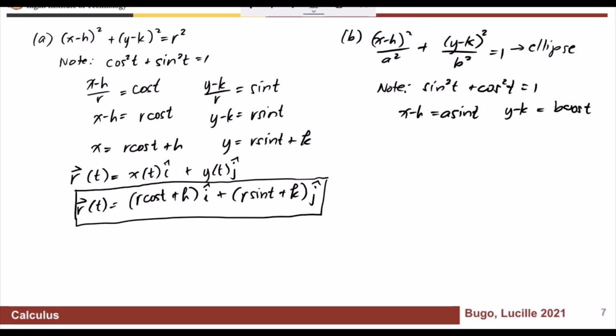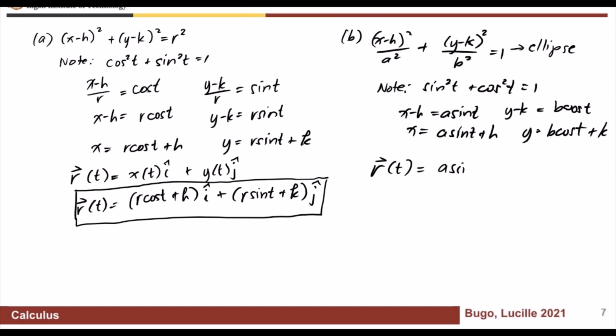Okay, so going back to our parametric equations, we can rewrite this as x equals a sine t plus h and y equals b cosine t plus k. You can actually apply this for specific values of a and b. Again, we write our vector valued function r in terms of x and y.